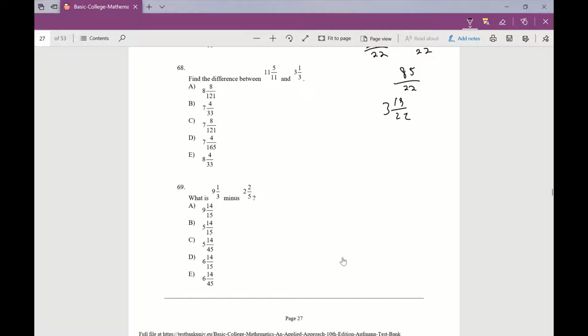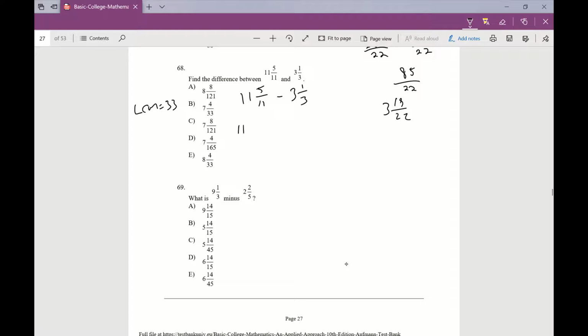Number 68. Find the difference between 11 and 5 over 11 and 3 and 1/3. So I am doing 11 and 5 over 11 minus 3 and 1/3. That's what I'm doing. So now let's modify it. I know that my LCM will be 33.